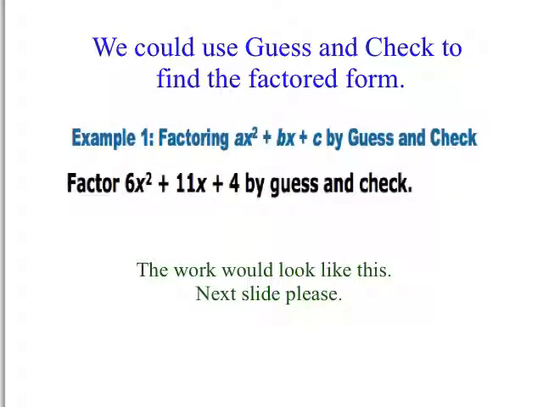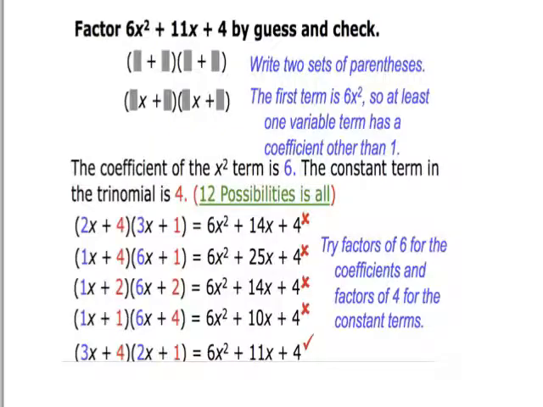When you factor, there's a couple ways we could do it. We could use what's known as the guess and check method, or some people call it the trial and error method. Now, if you were to factor this problem right here using guess and check, this is what your work will look like. You're going to trial and error it, come up with all the different possibilities as I've shown here.